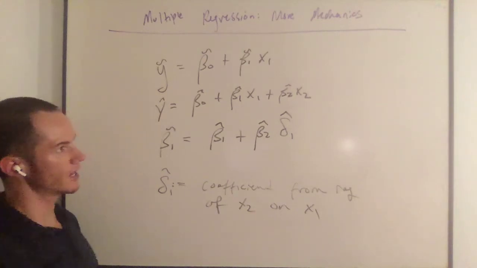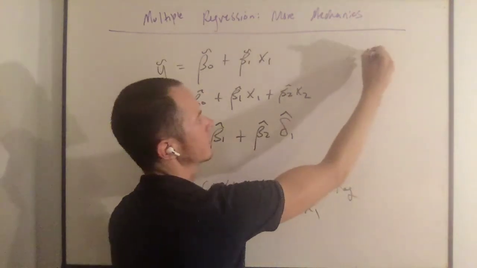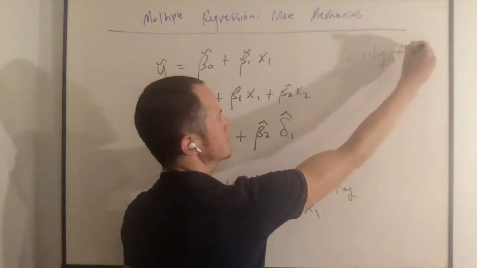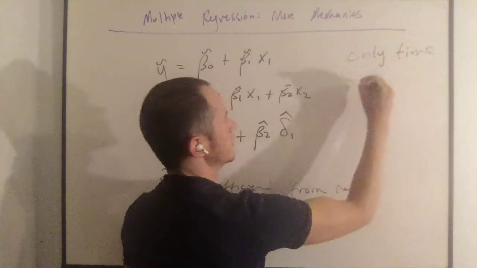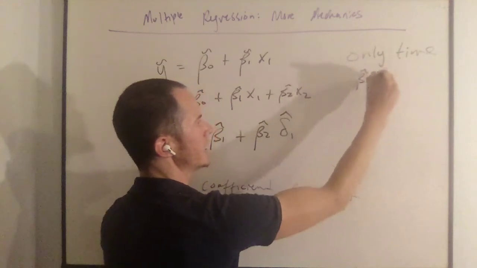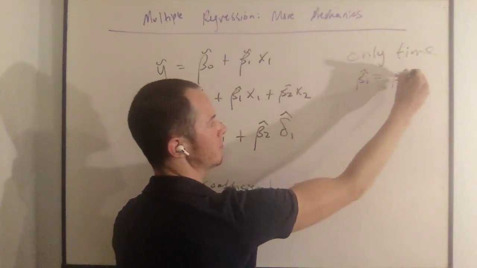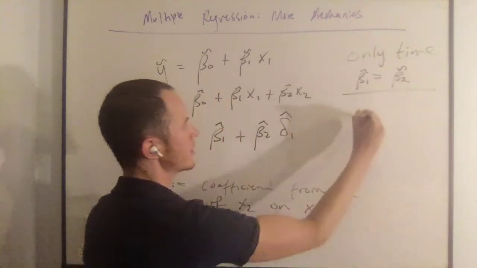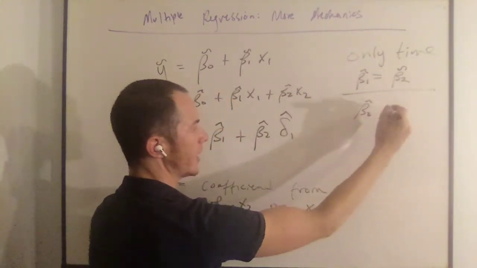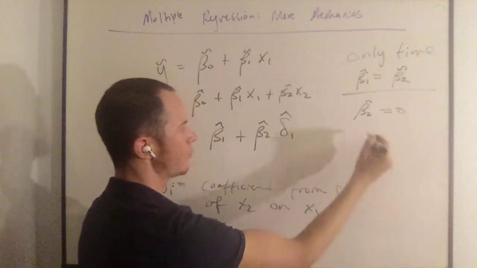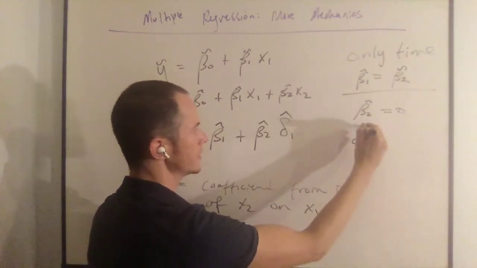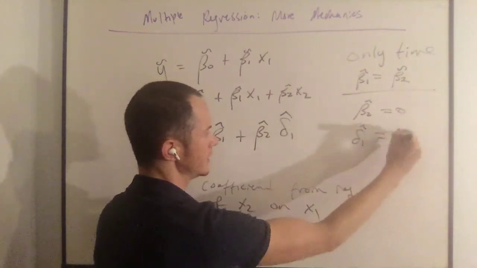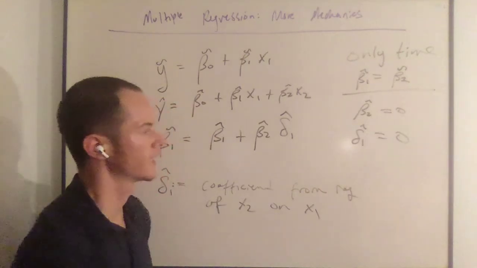The only time that beta 1 hat will equal beta 1 tilde is when beta 2 hat is equal to 0 or delta 1 hat is equal to 0.